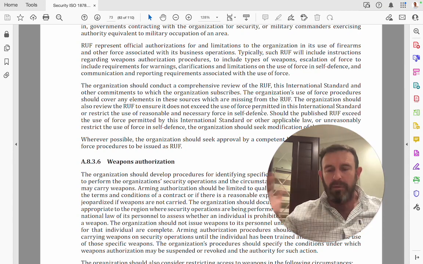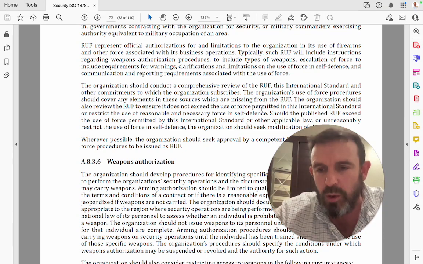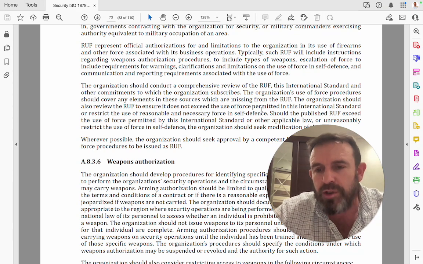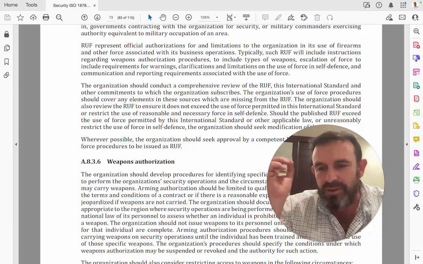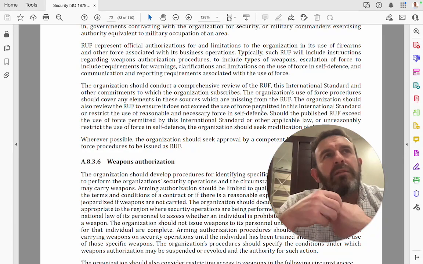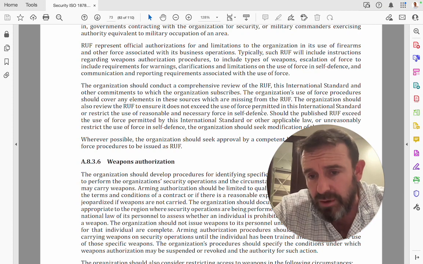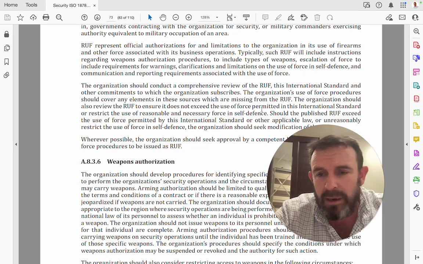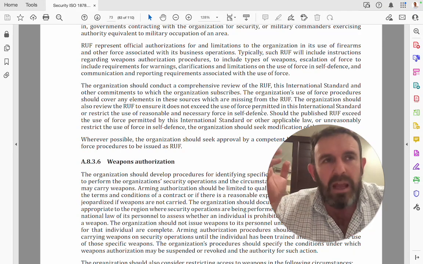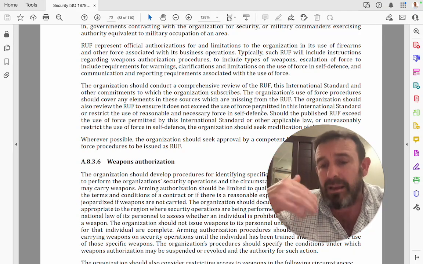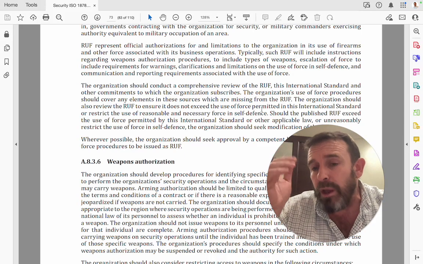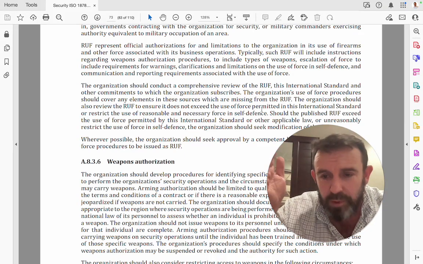Now, let's just think about that for your average UK-based security company. When we do a security audit in the UK, what is security? Somebody somewhere is providing prevention or even protection or response to a malevolent incident. So if somebody starts an attack on someone, that may be your principal, because you might be operating as a security operative or a close protection officer, you are going to respond.